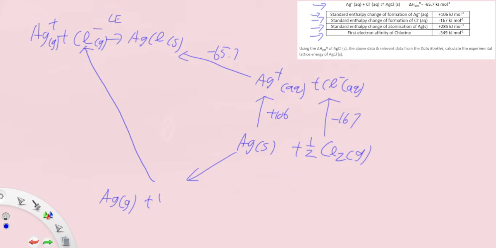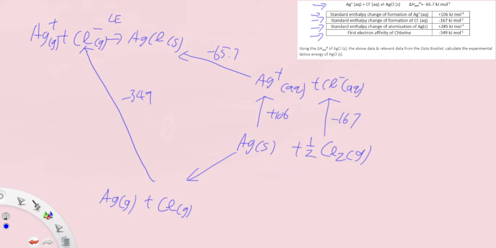It's quite obvious: when you have formation, you are using the elements in their standard states, and in the Born-Haber cycle you'd be starting from here because the energy level for this is 0. Same thing here: this chlorine atom would likely come from the standard state of chlorine, which is Cl2 gas. So we add the first electron affinity, which is minus 349.